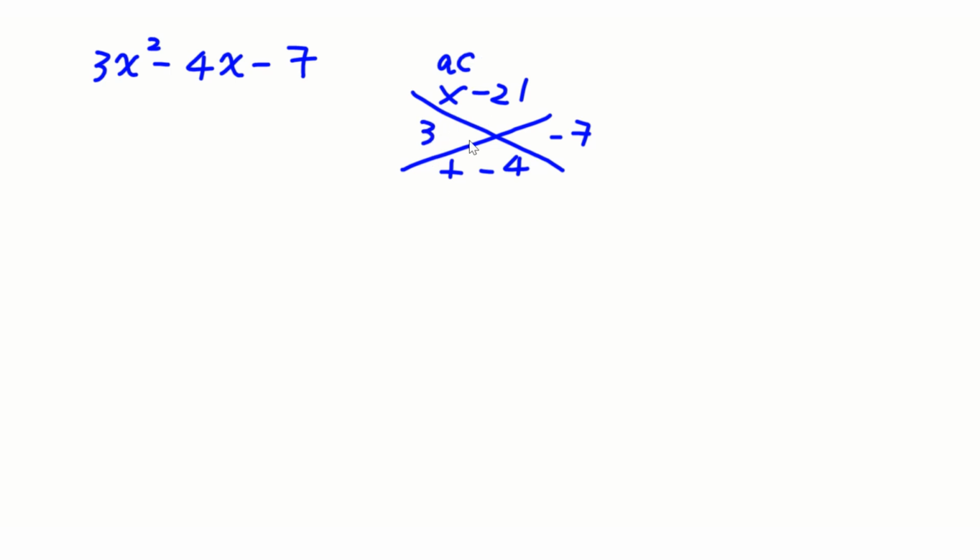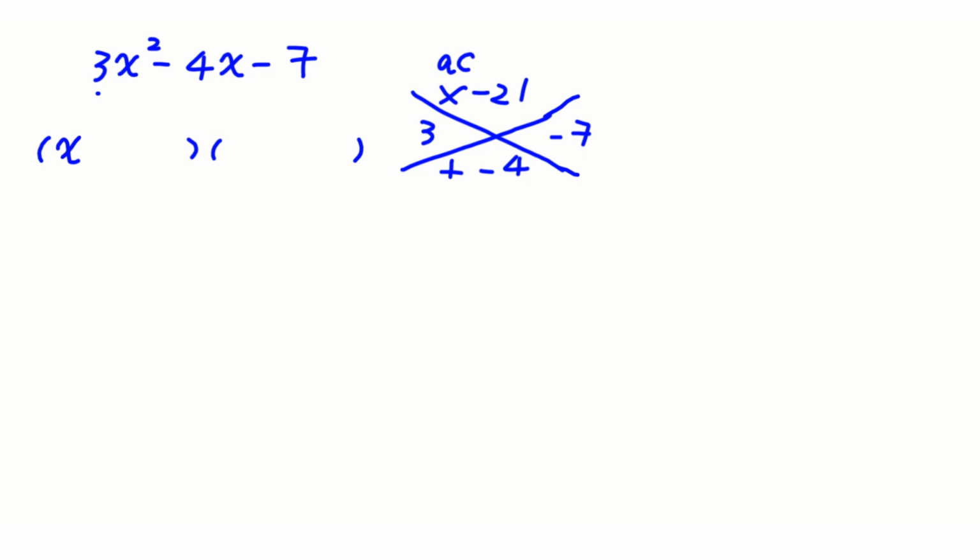And another method that you could use is cross multiplication. That is a method where, by looking at the question, you can get the answer right away. So we start from 3x squared. 3 is a prime number, so you don't have another choice.